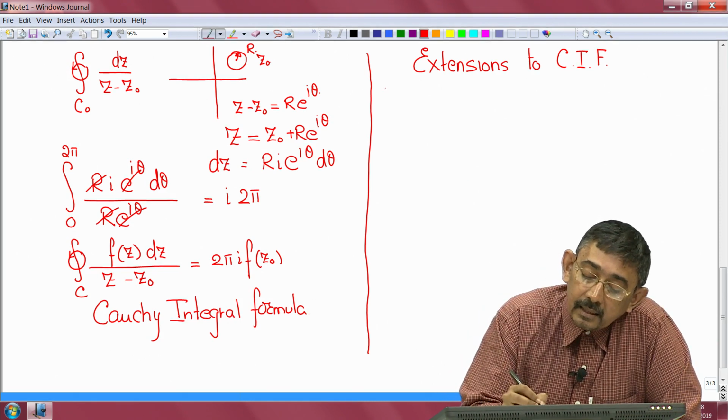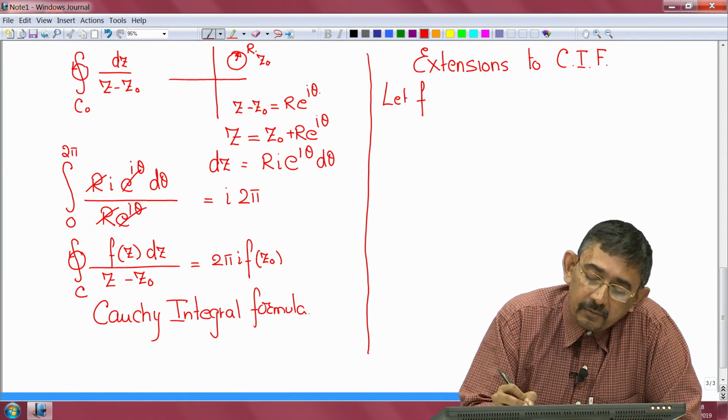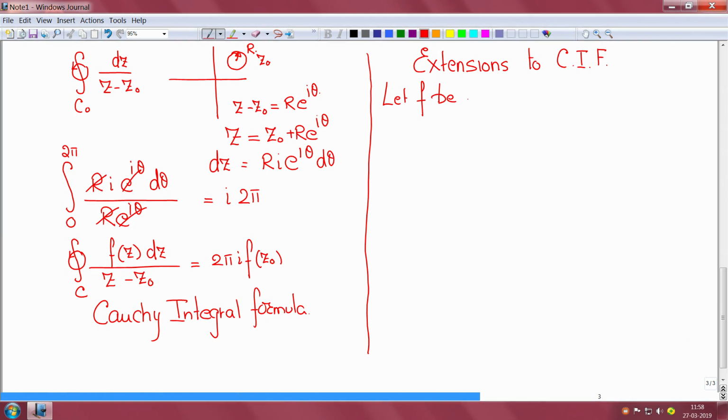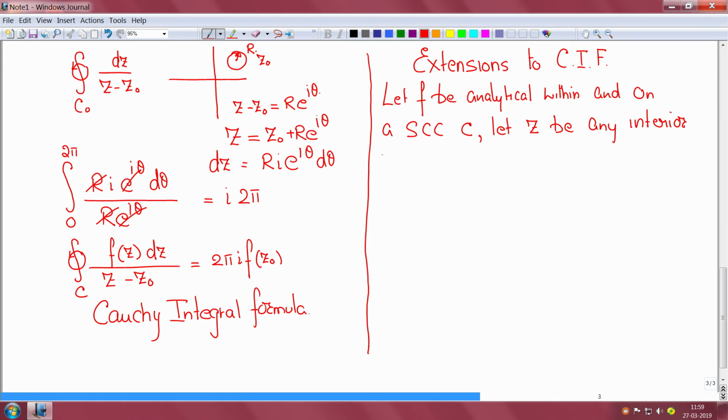So, what we say here is let f be analytic within and on a simple closed contour by the name C, and here let z be any interior point.